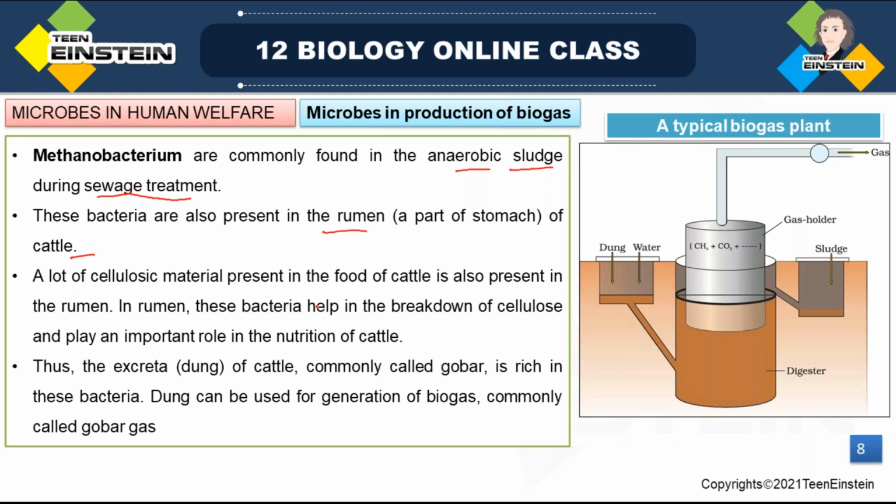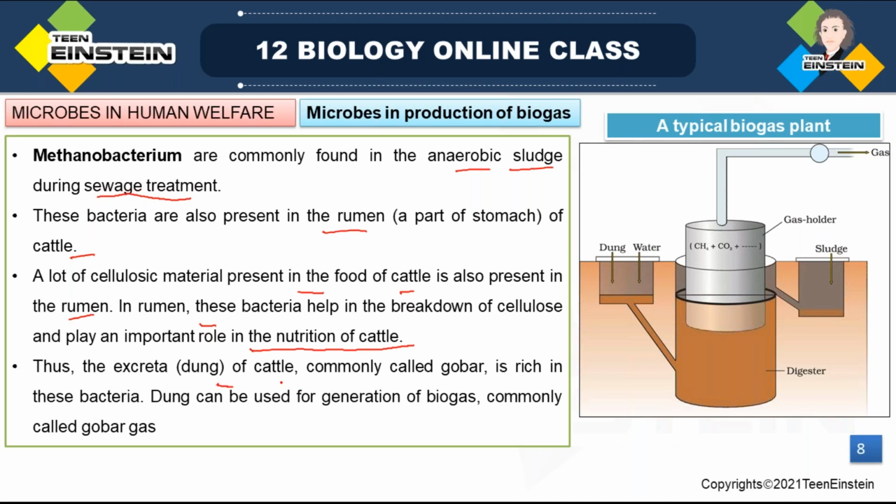So much cellulosic material is included in the food of cattle, and that is present in the rumen. So in the rumen, what is happening? These bacteria help to break down the cellulosic material, and they have a major role in the nutrition of that cattle.